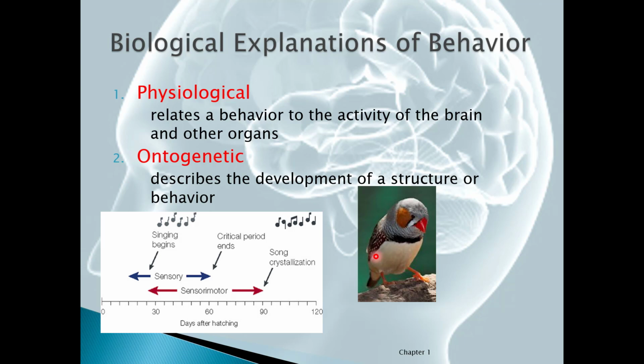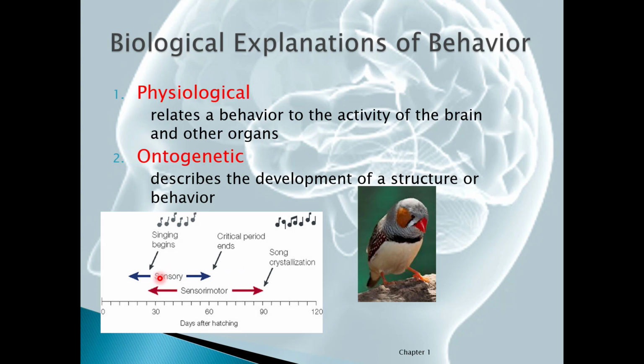These birds are hardwired to be able to produce birdsong, just like we're hardwired to produce language. However, they need certain experiences in order for that hardwiring to develop properly. So they have what's called a critical period.